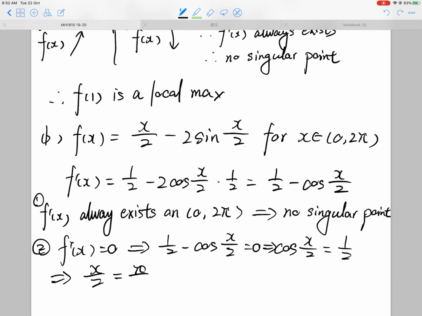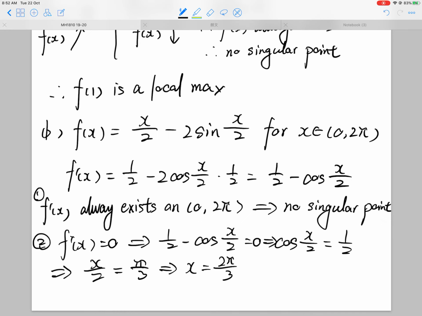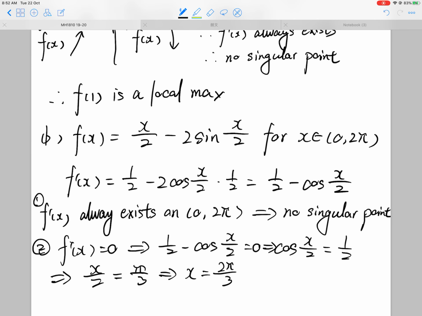No. Cosine what equals half? Cosine pi over 3 equals half. So x is 2 pi over 3. Okay, x is 2 pi over 3. Then, is this a local maximum or local minimum? So this is our stationary point.